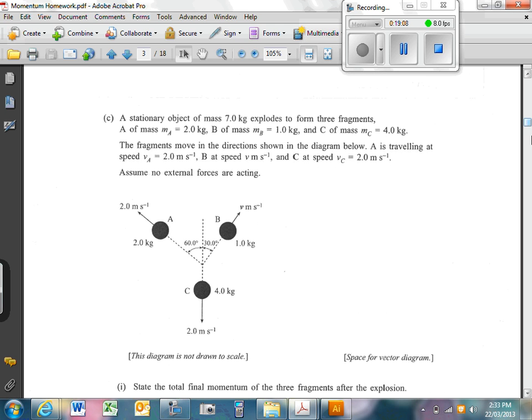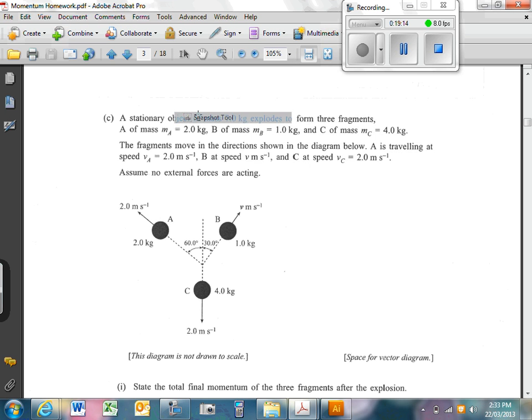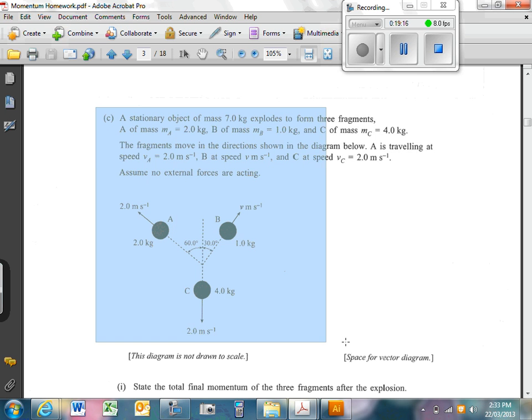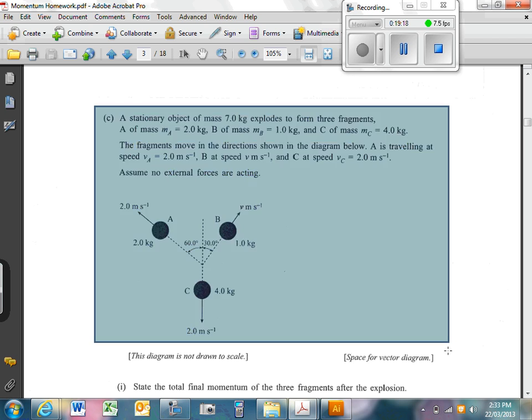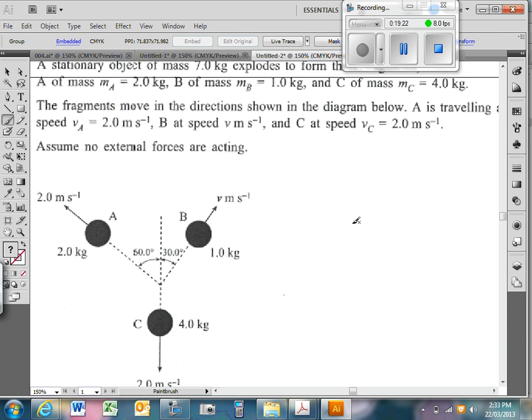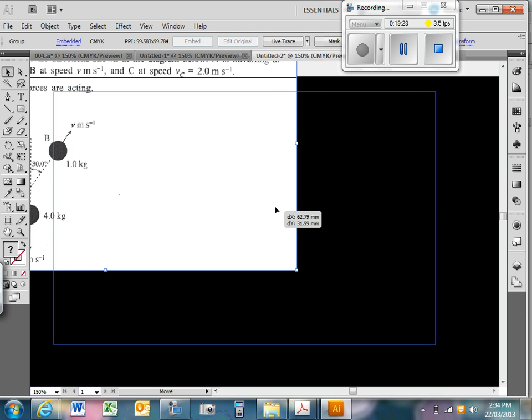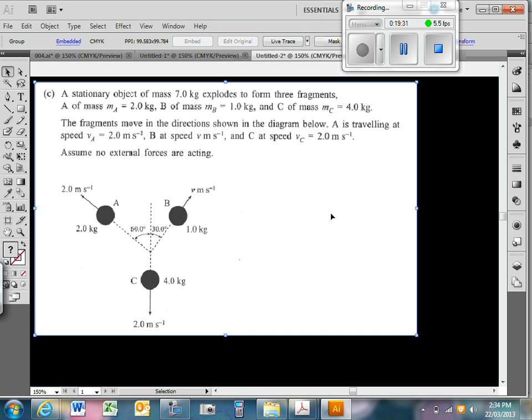Here's a problem for you. Stationary object of mass 7 kilograms explodes to form 3 fragments.